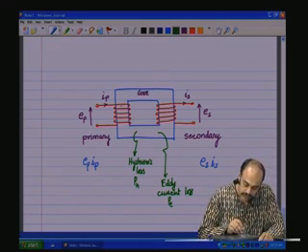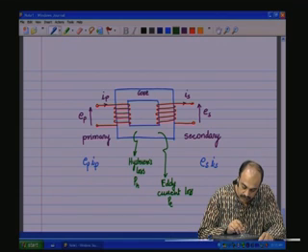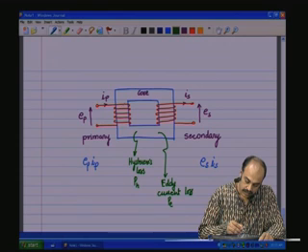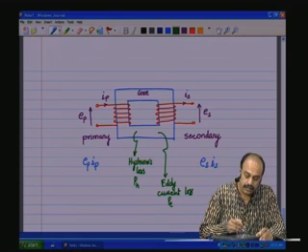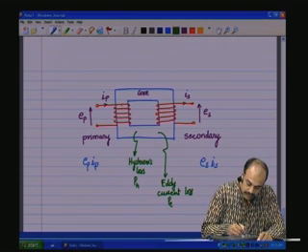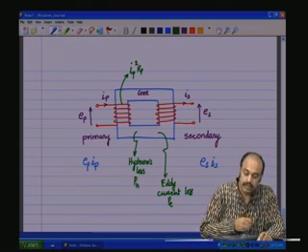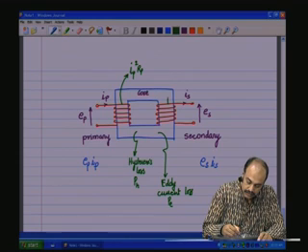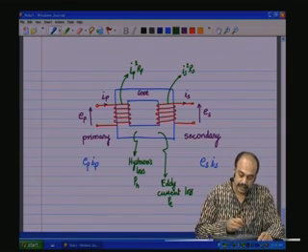Further, there is going to be some finite resistance in the coil of the conductor, and I square R is going to be lost. IP square RP is going to be lost in the primary. IS square RS is going to be lost in the secondary.